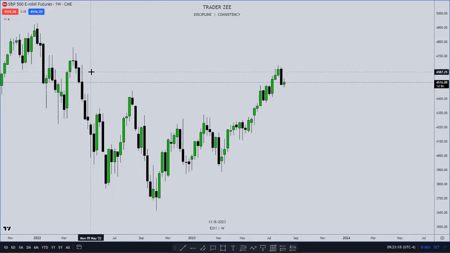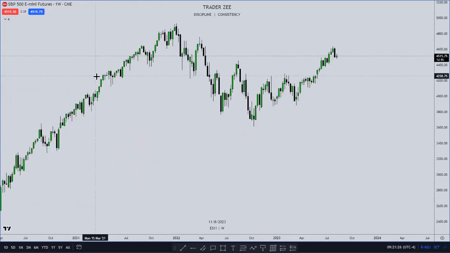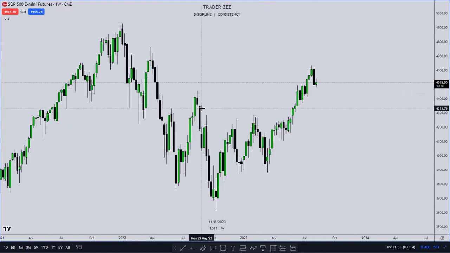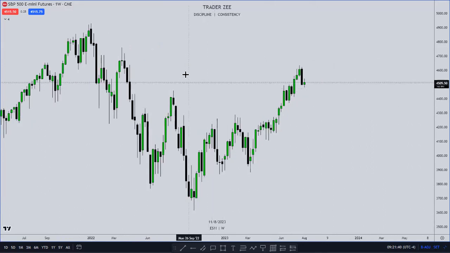We have an order block as well as the consequent encroachment of a wick aligning, but that will be denoted on the lower time frames. I think we're in a bullish trend, obviously, but this is a weekly chart and we do things on the lower time frames, but we refer to these time frames as a guide, as a reference point, because price moves on the low time frames to make the higher time frames.